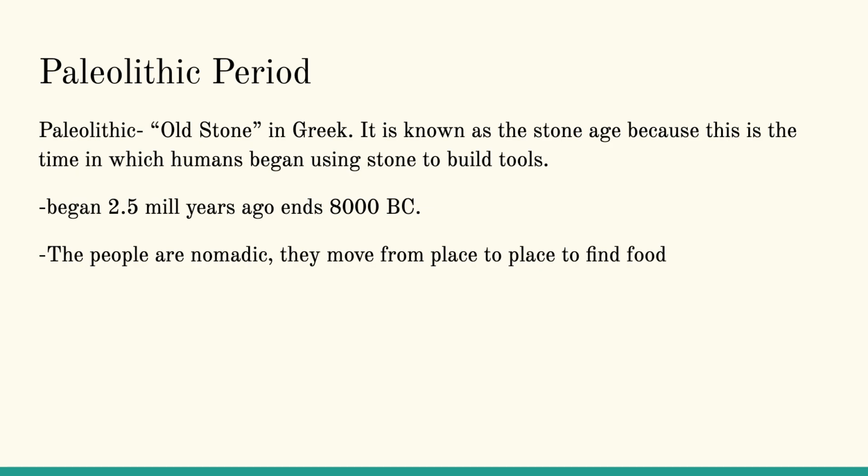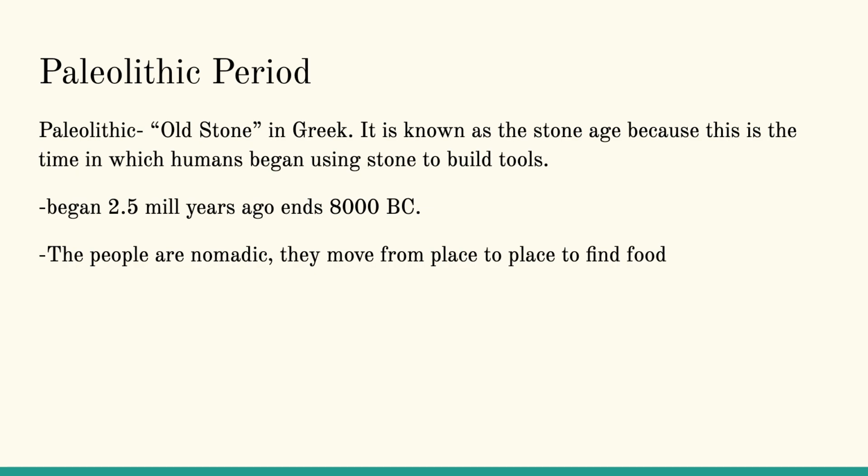Now, you have to understand that 2.5 million years ago does not mark the beginning of humanity. For scientists, a scientific explanation for this is that 2.5 million years ago marks the beginning of human ancestors. Okay, so a very long time ago, our ancestors began to emerge.